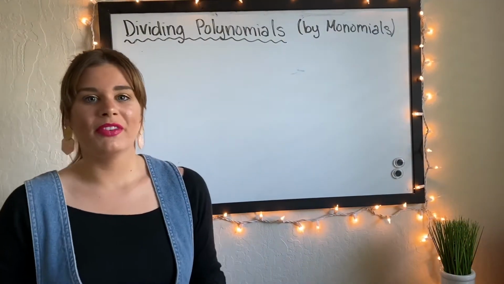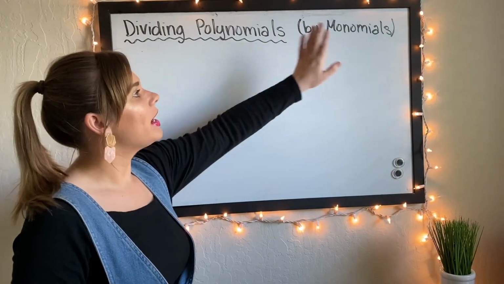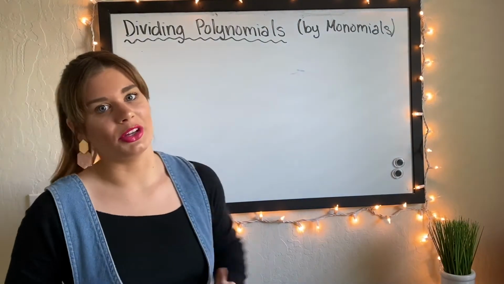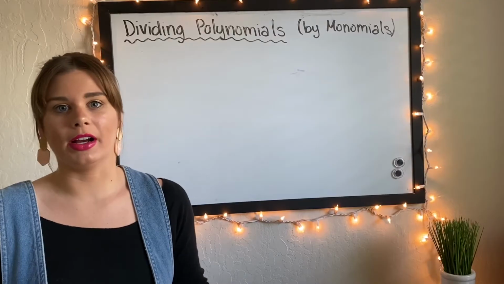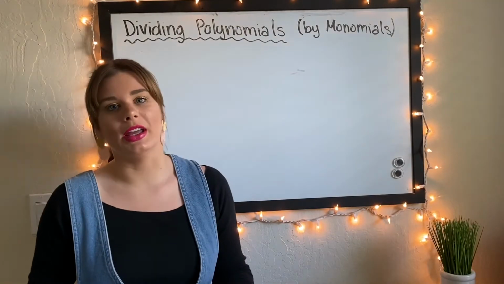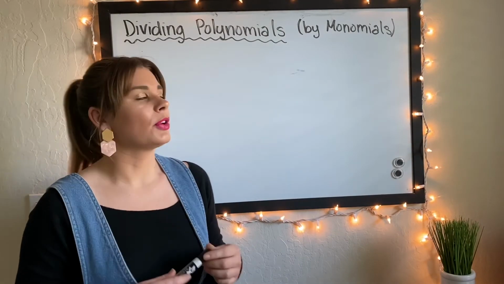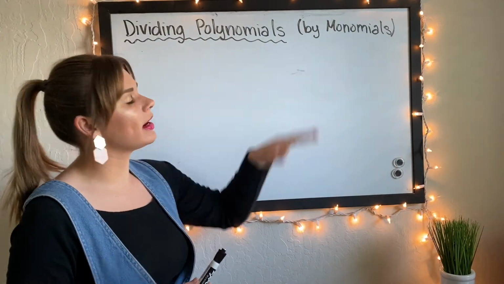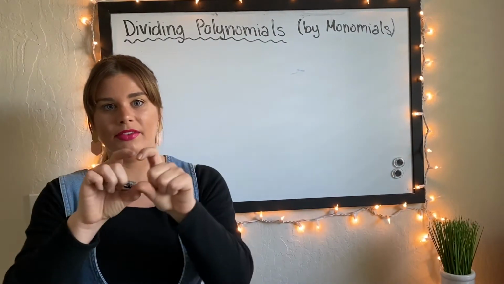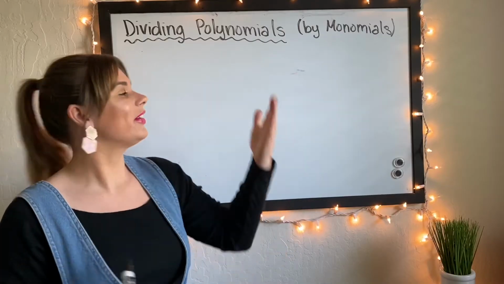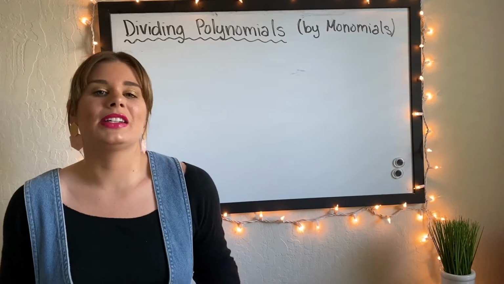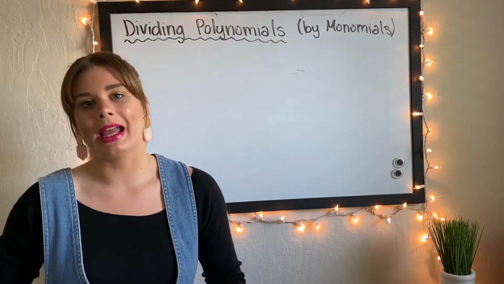All right, so now we're moving on to dividing polynomials, but specifically by monomials. We're not going to get into the heavier polynomial long division and synthetic division quite yet. We're just going to go over the basics of if I have a string of monomials that are added together, in other words, a polynomial, and I divide it by a monomial, how do I handle that?